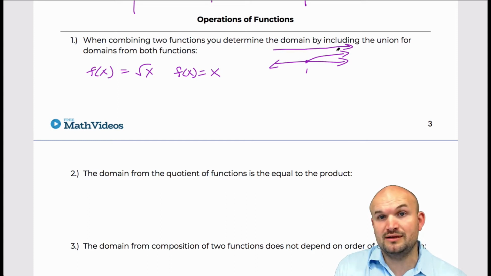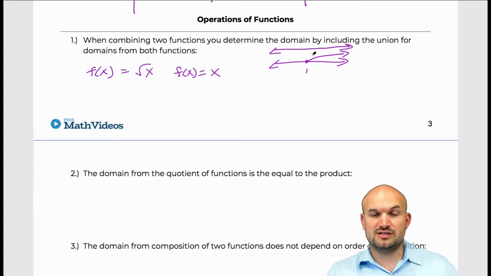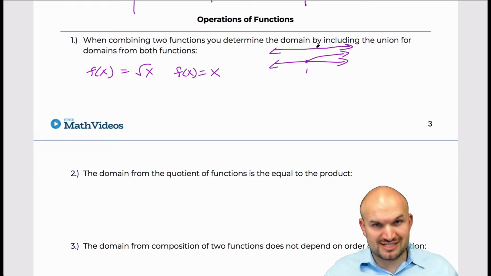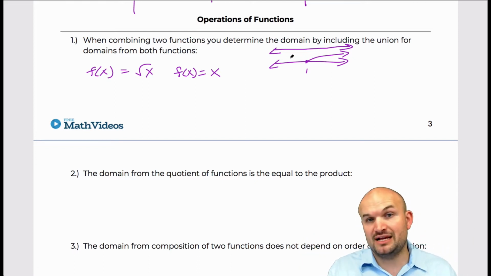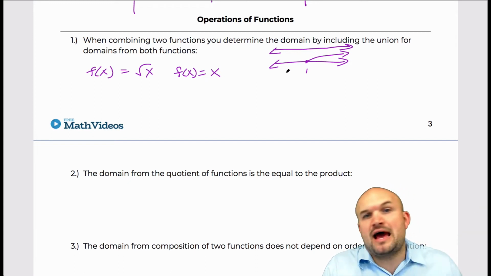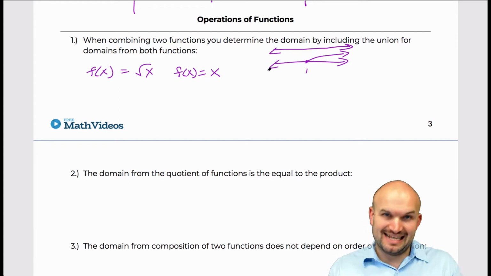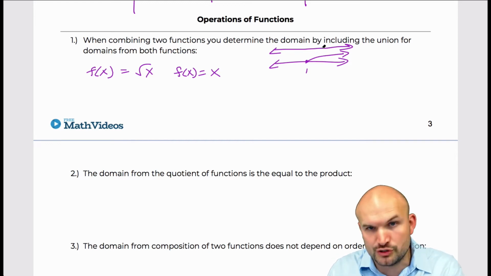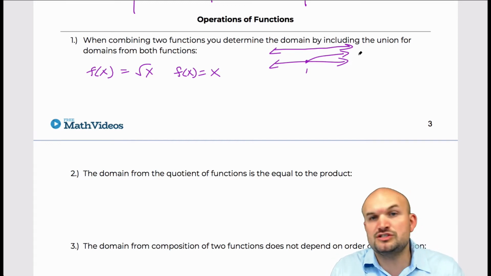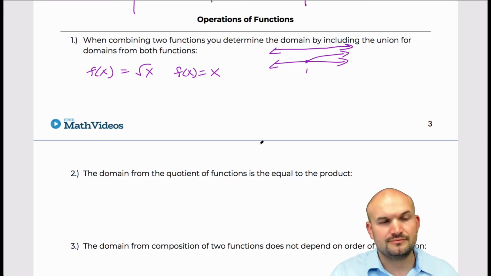So the union of these two functions would be all real numbers because you're just adding them together. Even though they're not both defined for negative numbers, since one of them is defined, that would be within the union. But the intersection is only going to be the domain where they are both true. So you can see the intersection of these two domains would only be from 0 to infinity.